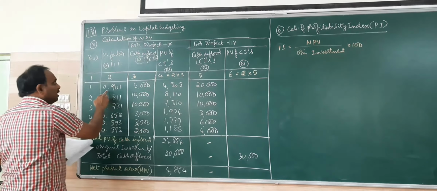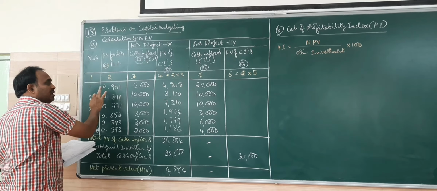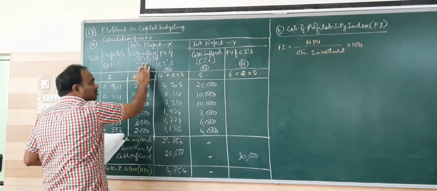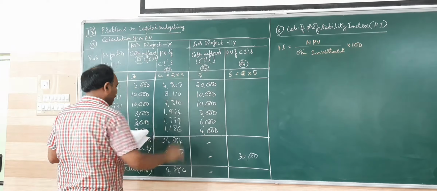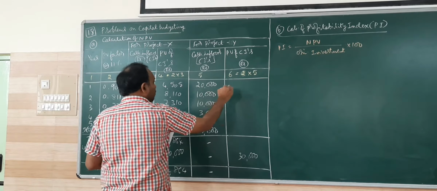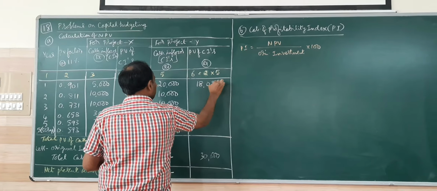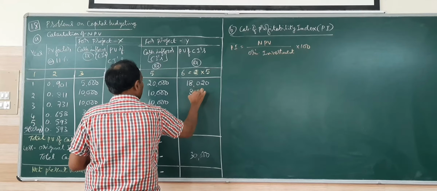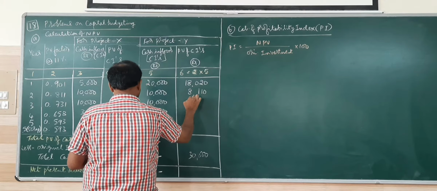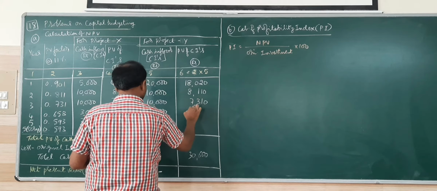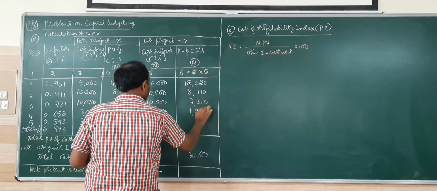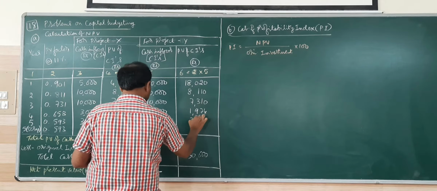Next we move on to project Y. Cash inflow multiplied by the PV factor. The PV factor is the same, 11% for X and also 11% for Y. If you multiply, I have calculated and I am copying the same here.